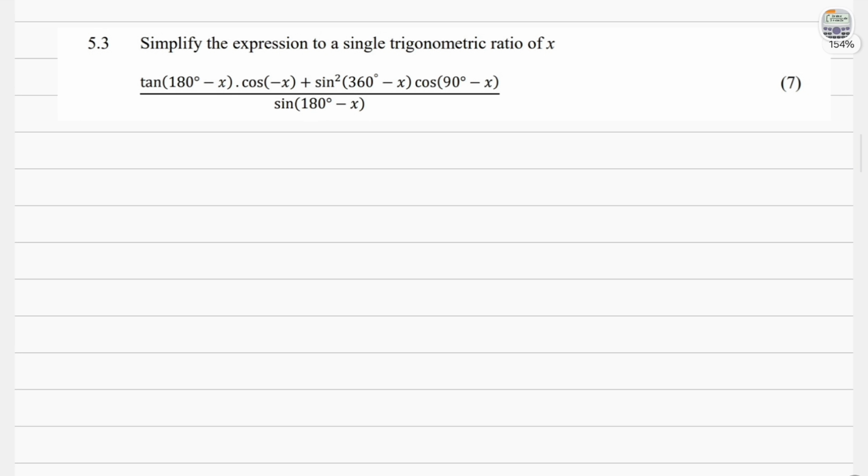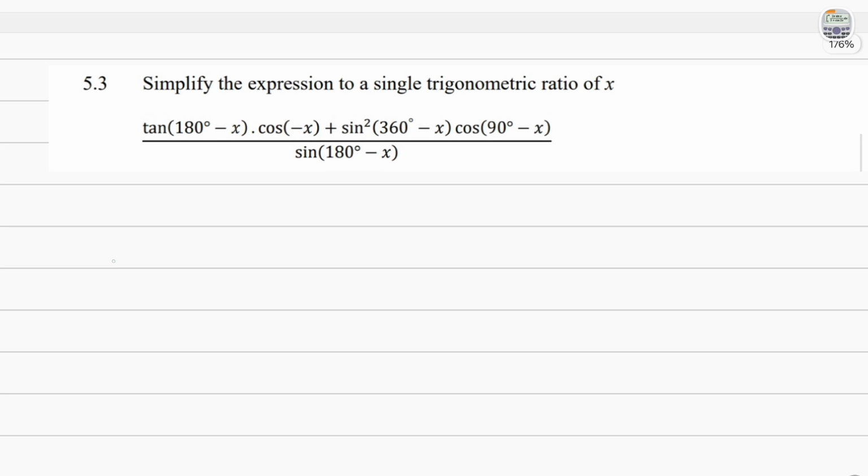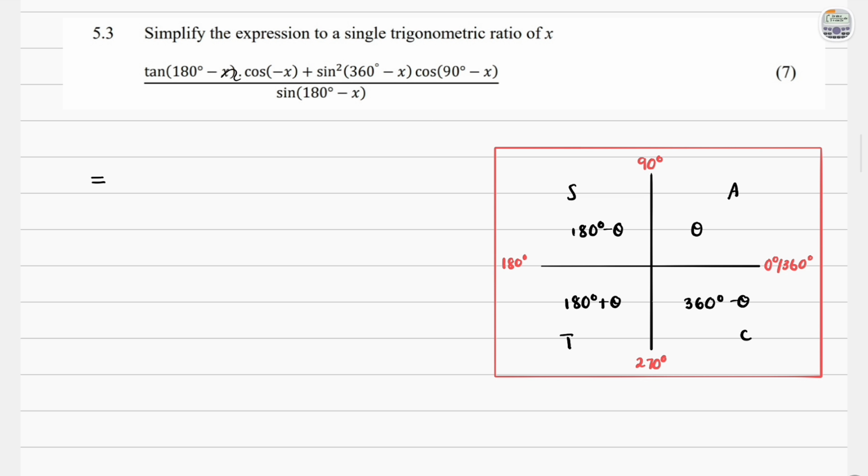Question 5.3 says, simplify the expression to a single trigonometric ratio of x. And let's go. So we have tan 180 degrees minus x. Let's just get the cos diagram down here first. Okay, so tan 180 degrees minus x, and you can see that 180 degrees minus theta is in sine's quadrant. Okay, so tan is negative here, so this becomes negative tan x.